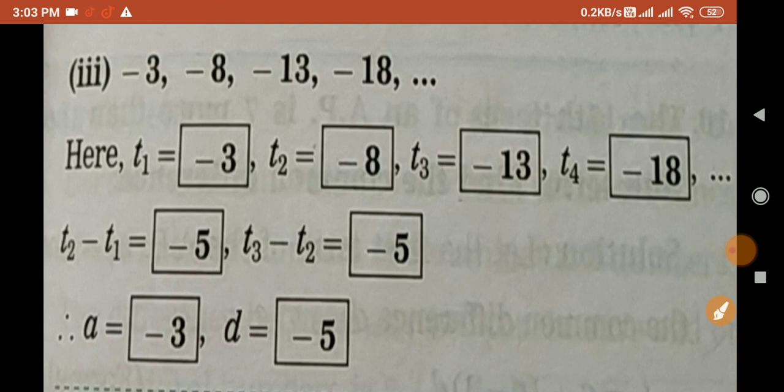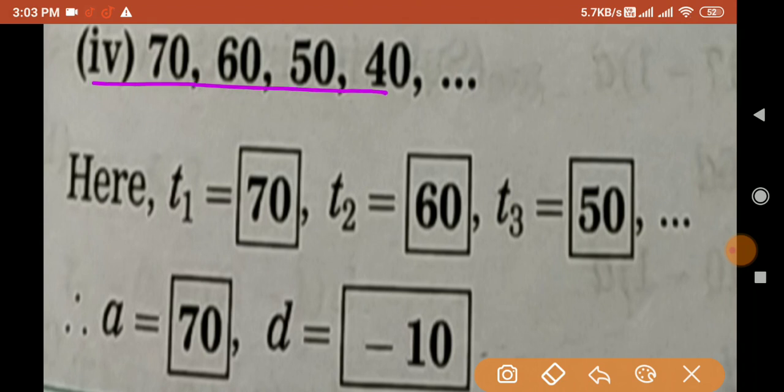Understand? Now see the last example. In the last example, an AP is 70, 60, 50, 40 and so on. Write down the value of the first term. In the box we have to write 70. Then T2 is equal to 60 in the box. The value of the third term is equal to 50.